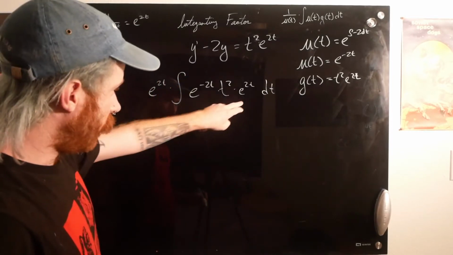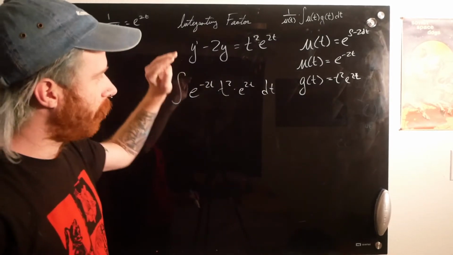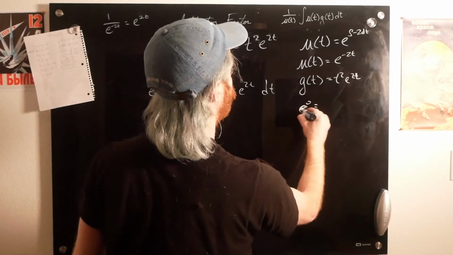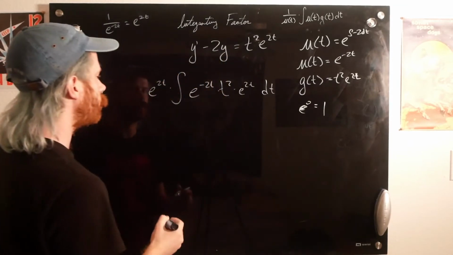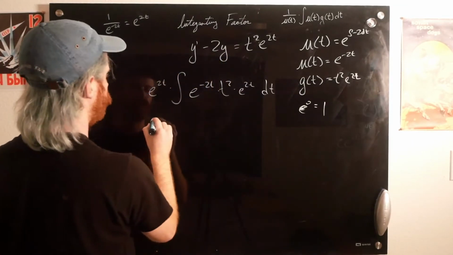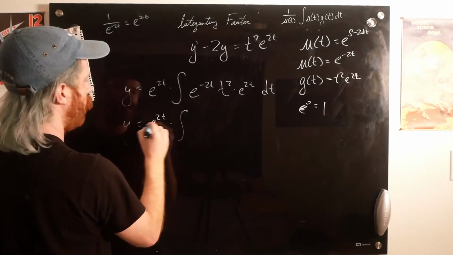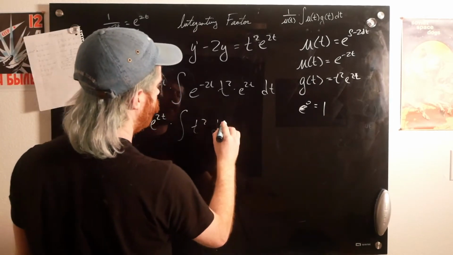So when you multiply these two together, you get negative 2t plus 2t, which is just 0, and we know that e to the power of 0 equals 1. So these two cancel, and you're left with e to the 2t times the integral of t squared dt, right?